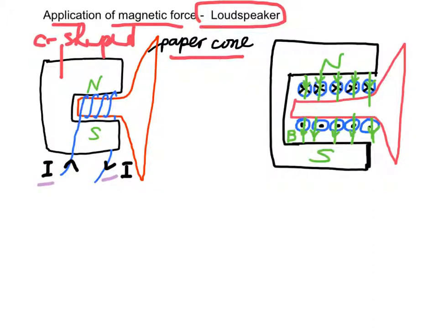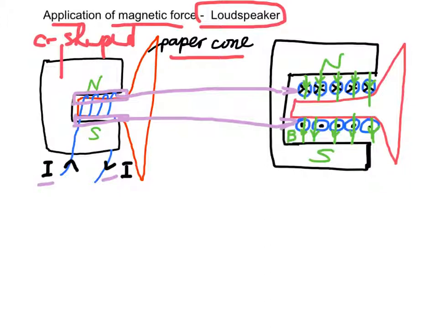for the upper part of the wire, the currents are into the plane of the paper, and for the lower part of the wire, the currents are out of the plane of the paper, and the magnetic fields are directed from the North Pole to the South Pole, that is pointing downwards.